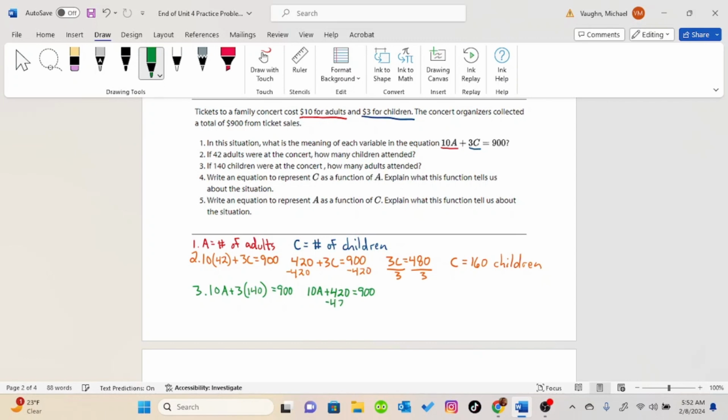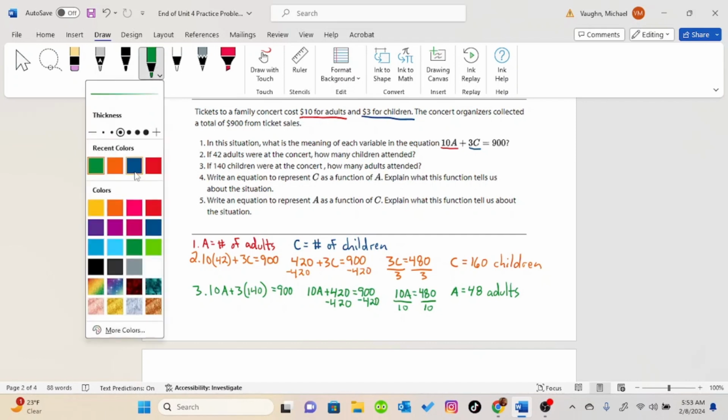Again, we're going to subtract 420 from both sides. 900 minus 420 is 480. And now we're going to divide both sides by 10. And a equals 48 adults.